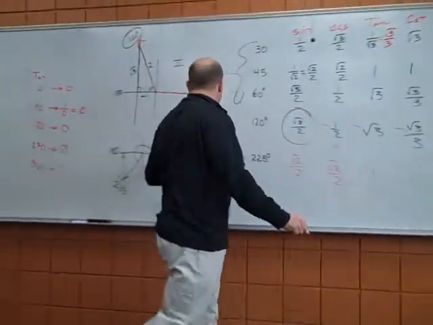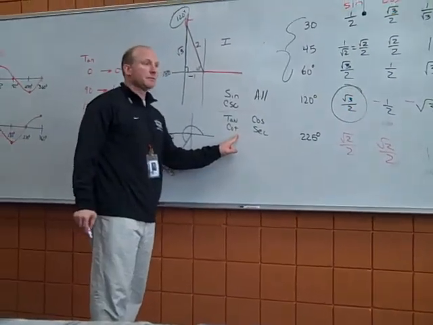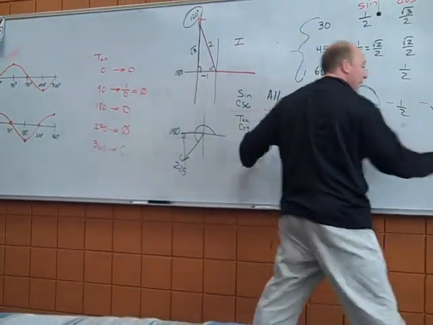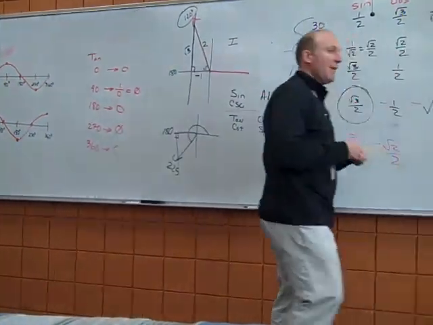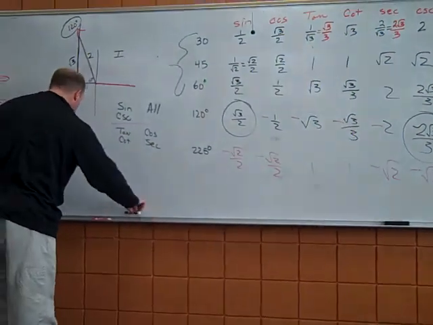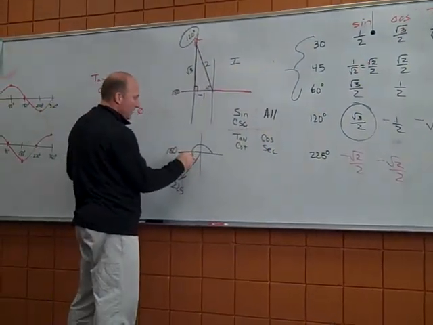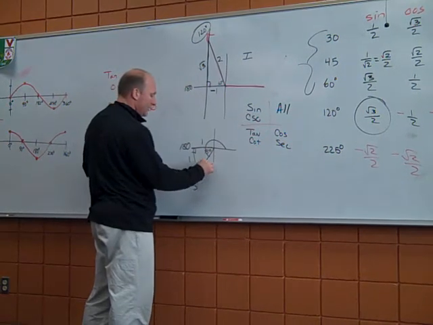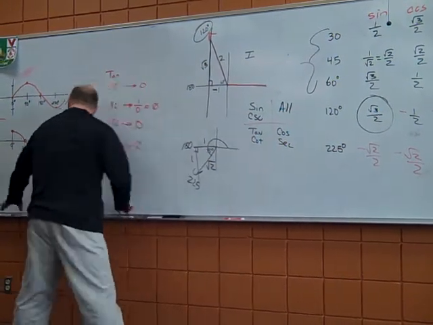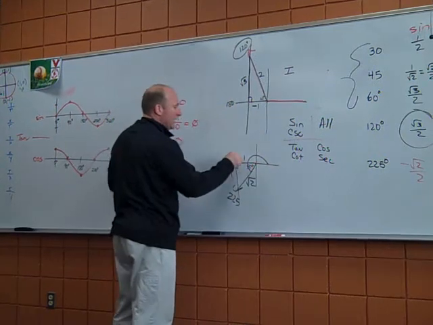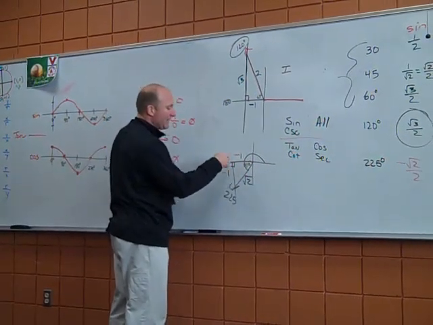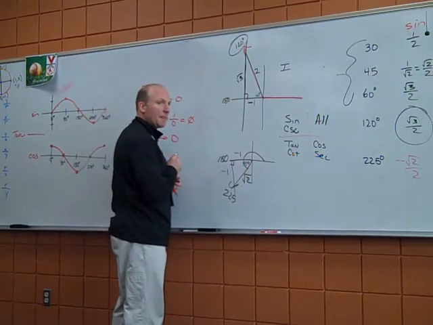And then which ones are going to be positive? Tangent and cotangent. All the rest are negative. If you don't like that, what are the dimensions of a 45, 45, 90? 1, 1, radical 2. But what do we have to remember? If I go left, it is negative. If I go down, it's negative. And I can still see everything.